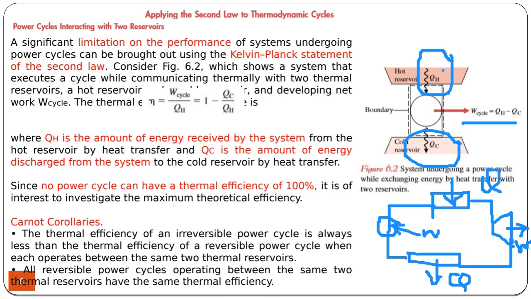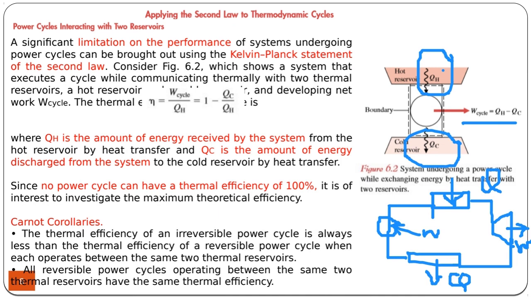So what would happen without the existence of this condenser? Without this condenser, the steam leaving the turbine would not be able to be transferred into the boiler. So in order to pump this fluid leaving the turbine back to the boiler, it's necessary to condense it.